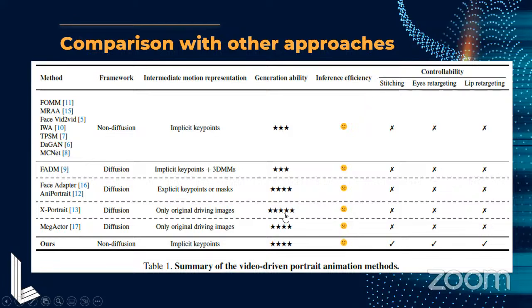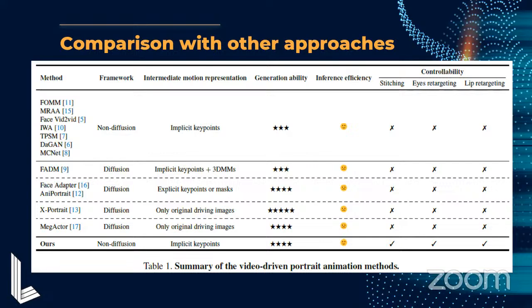Inference efficiency. I mean, XPortrait seems pretty interesting with 5 stars on generation ability, but apparently it struggles with inference efficiency. Additionally, it doesn't have the stitching. I mean, none of these have the stitching, eyes retargeting, and lip retargeting controllability, which is pretty useful in my opinion.